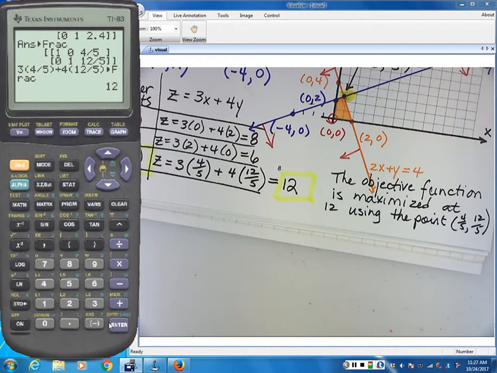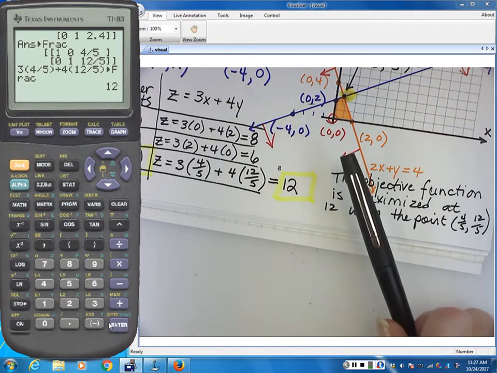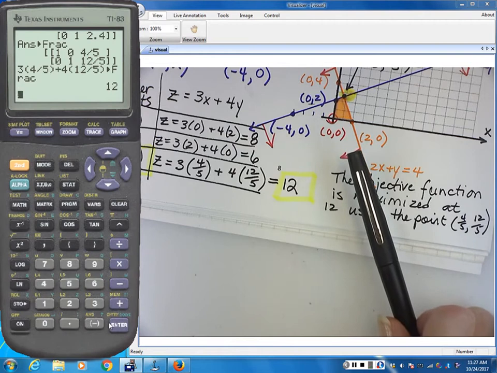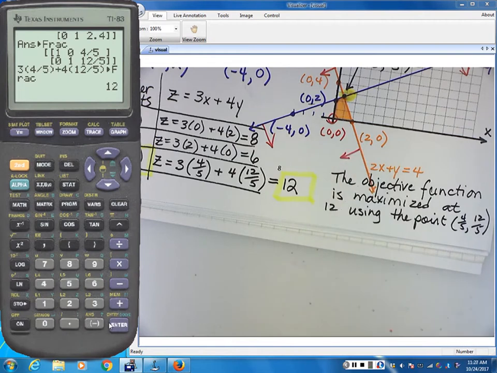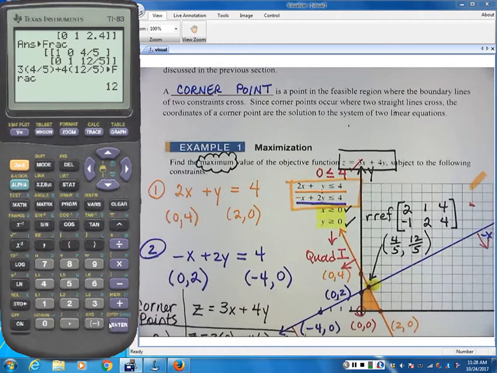So this is the whole process that we're going to follow, but we're going to do it in an application scenario. So I may skip a couple of examples here. I actually worked those examples in that other video.